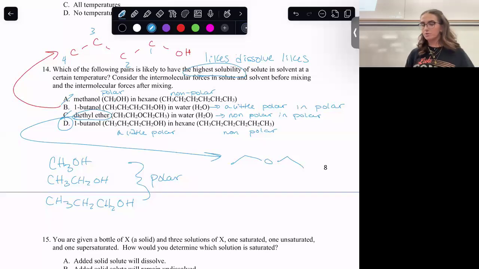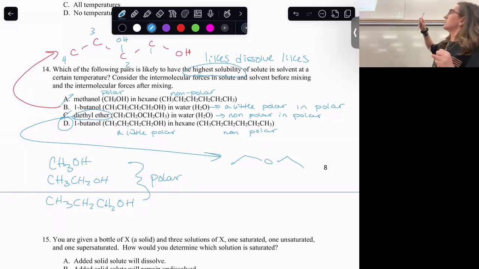If it was 2-butanol, then it would be coming off of this one instead. This would still be a little polar here. The OH being on the end makes it more polar than the OH being in the middle. Great question.